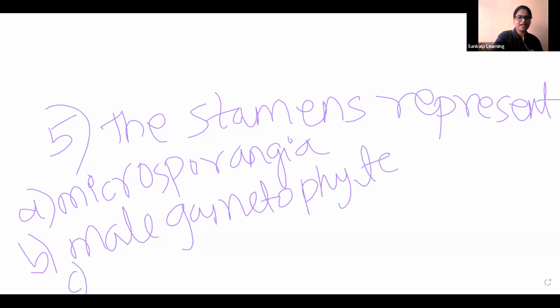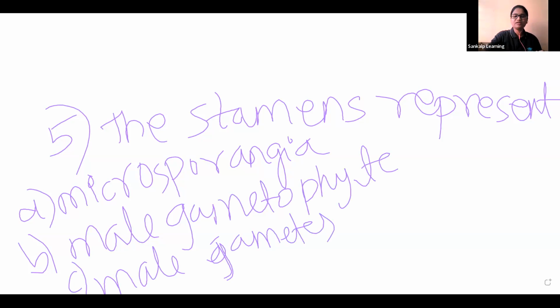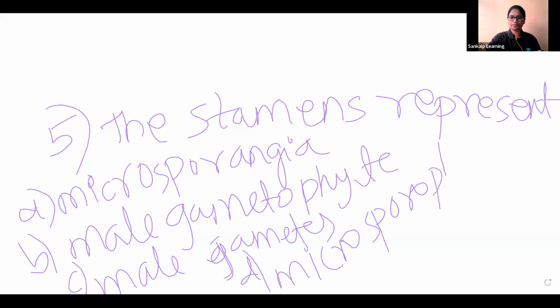Option C, male gametes. Option D, microsporophylls. Microsporangia, male gametophyte, male gametes, microsporophylls. Fifth question.